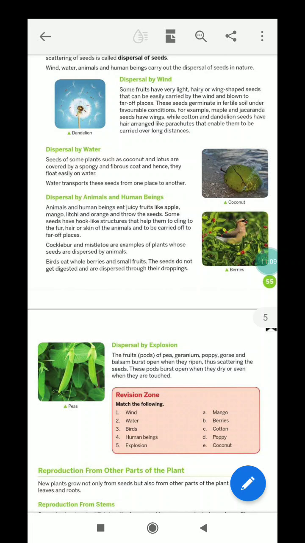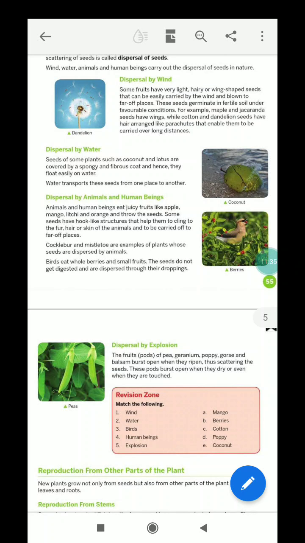Now, dispersal by animals and human beings. We human beings love to eat fruits, lots of fruits like apple, mango, lychees, oranges and pomegranate. We eat the fruits and throw away the seeds. If these seeds get the three favorable conditions, they grow into a new plant.